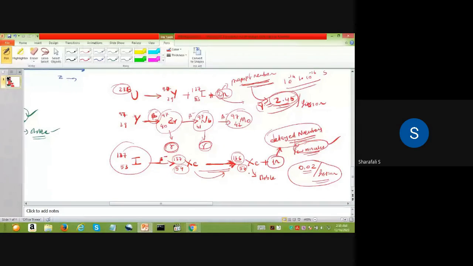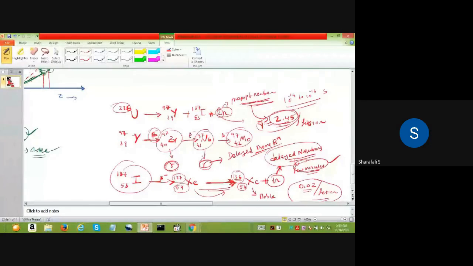Okay, so that's all about it. Also, the gamma radiation that I just mentioned is called delayed gamma radiation. And here also there will be gamma radiation with this reaction, when that uranium is converting into the daughter nuclei plus 2 neutrons.